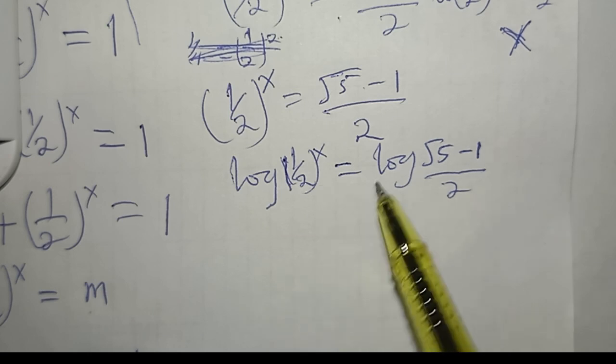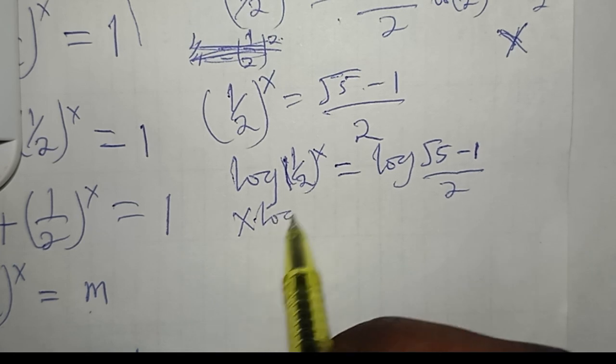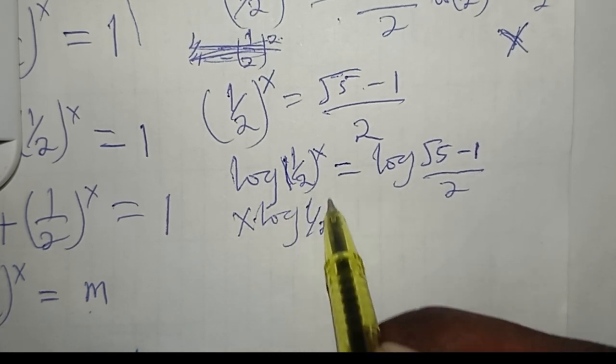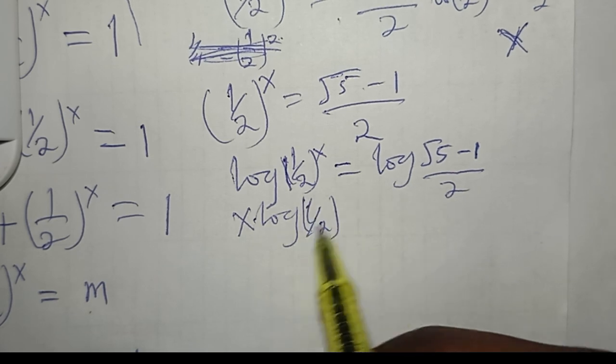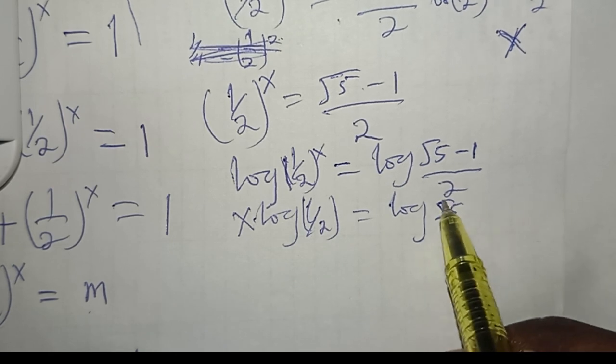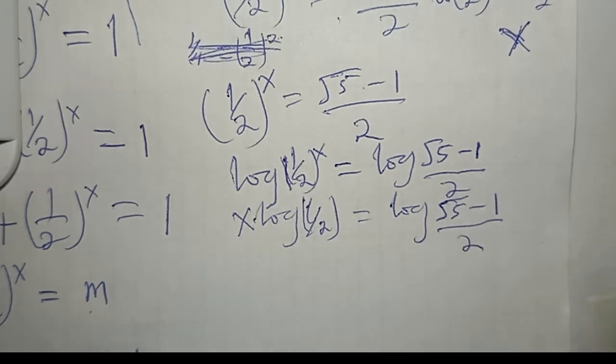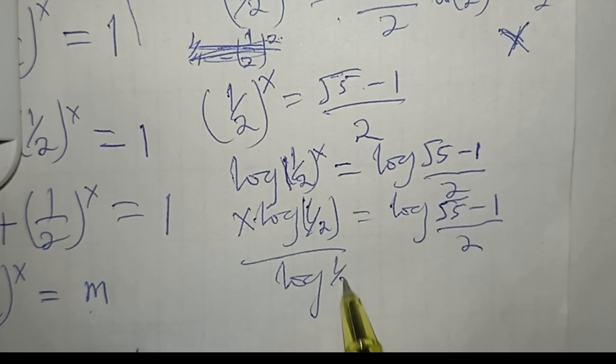Utilizing the law of logarithm, I'm going to bring the power down front. So I have x log 1 over 2 equal to log of root 5 minus 1 divided by 2. To get my x, I'm going to divide through by log 1 over 2.